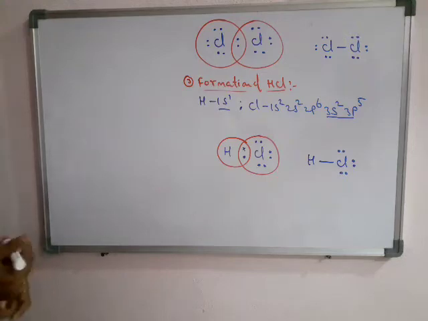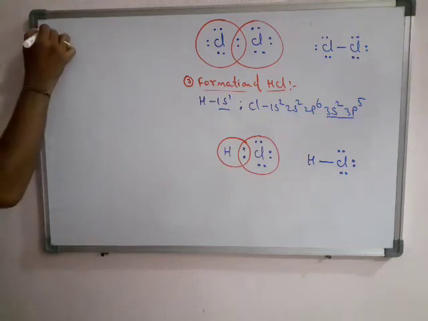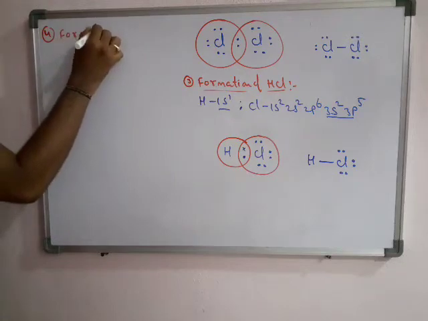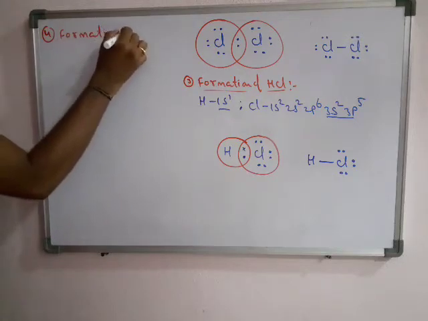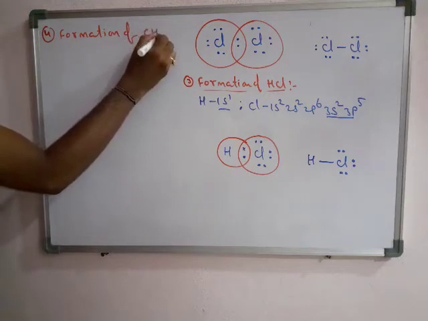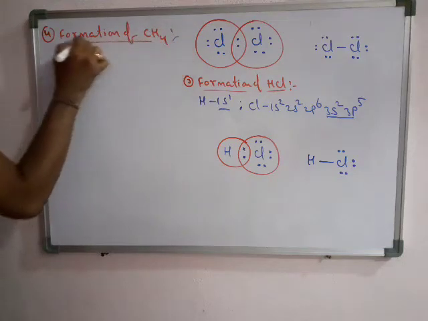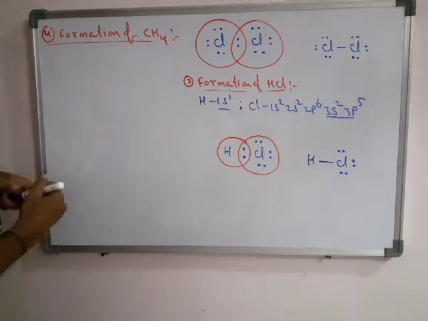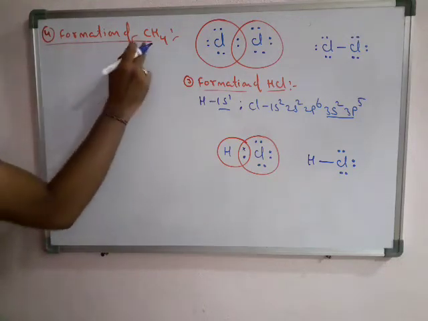Let's see the other example. Formation of methane. Here also between two dissimilar atoms, total 5 atoms.